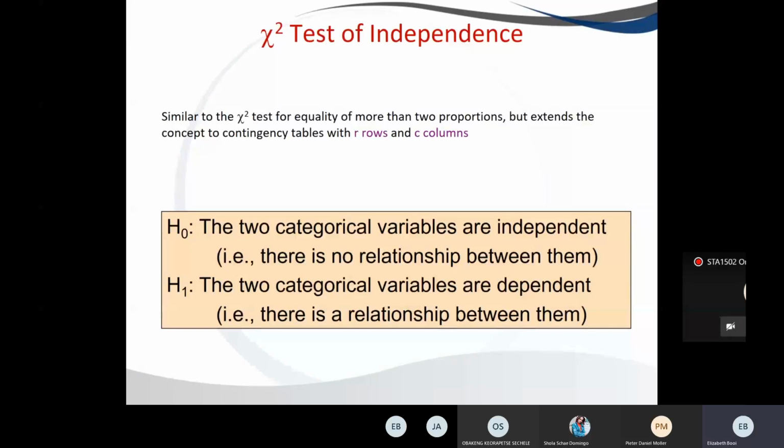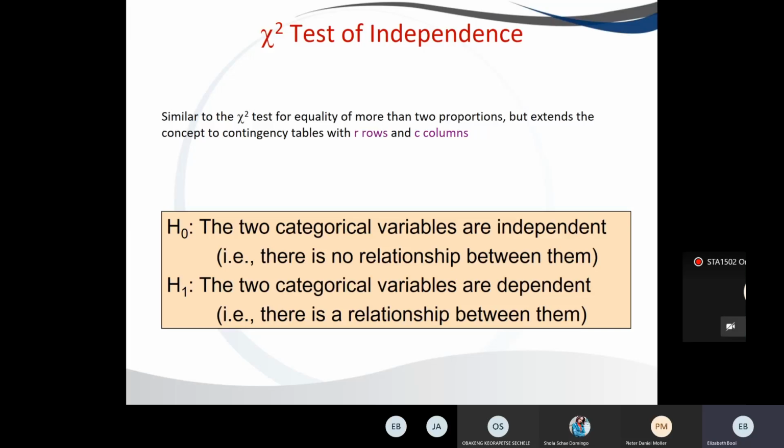And to do that, when we test for independence, the null hypothesis and the alternative hypothesis have to be the opposite of one another. So null hypothesis, you will state it by saying two categorical variables are independent, because we're using categorical variables like age and gender.